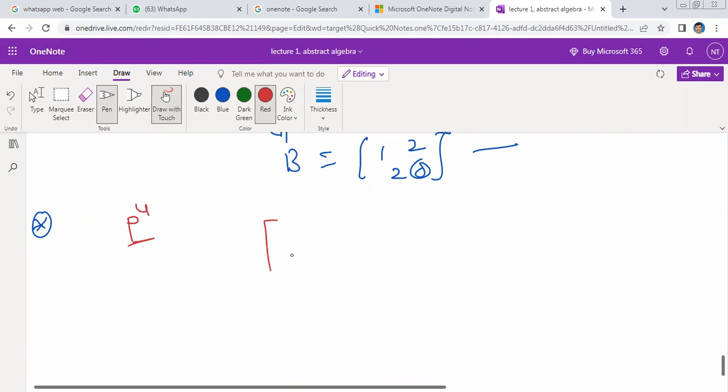Suppose my matrix is not of order 2 by 2, but an m by n matrix, where each entry A, B, C, D belongs to Zp. Can you say the number of elements in this matrix?